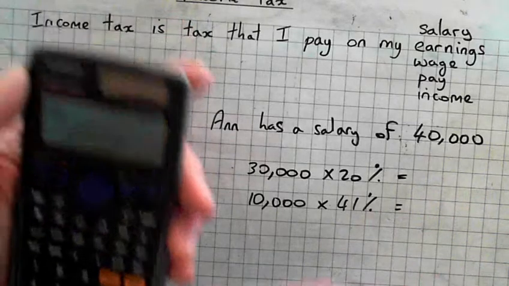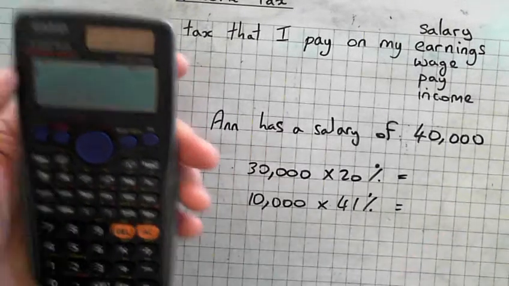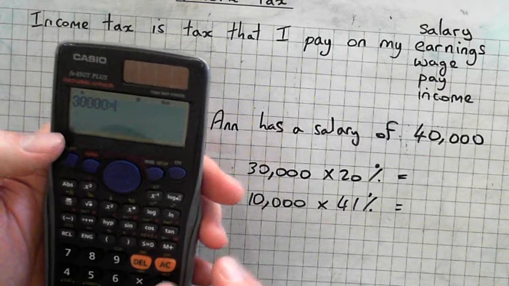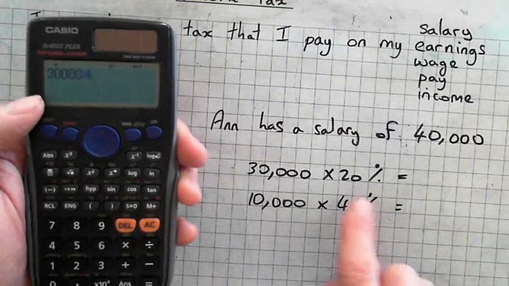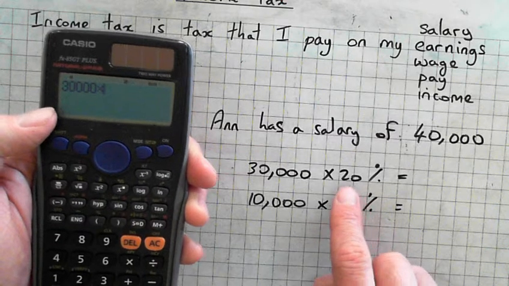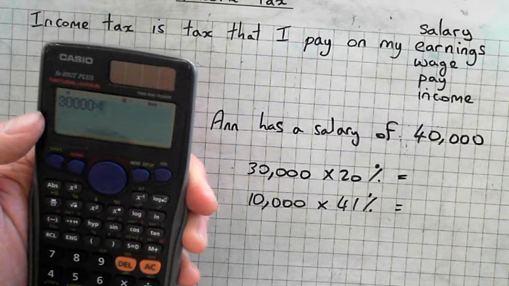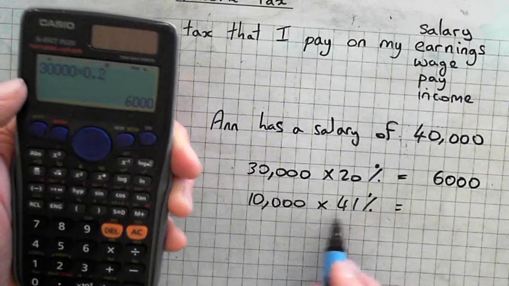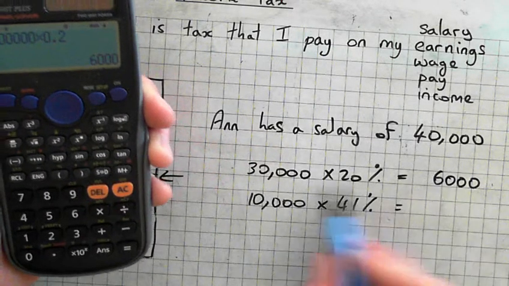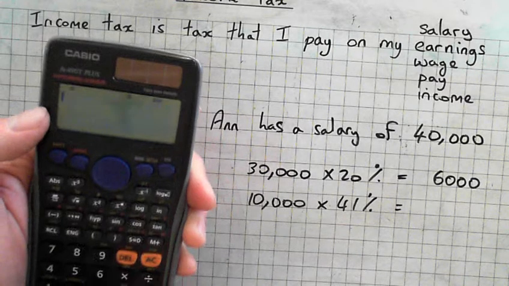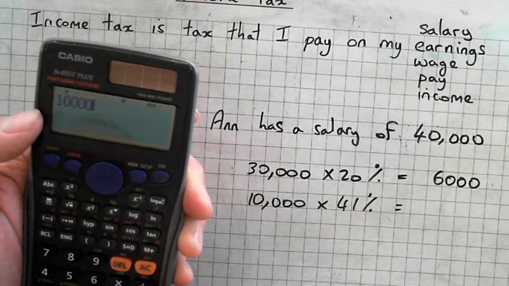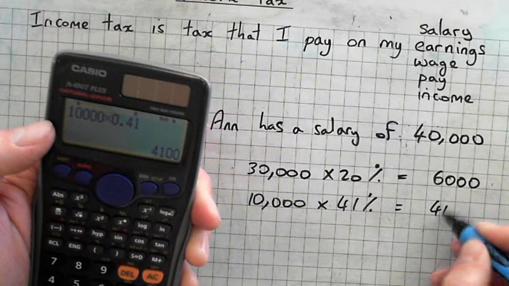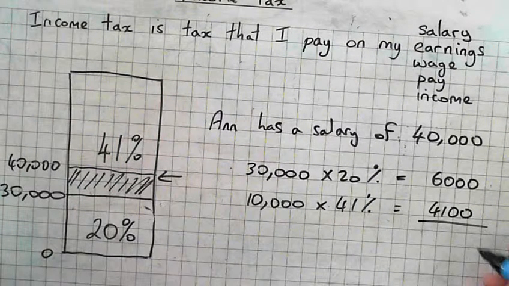Right, so we'll do those two calculations and add the taxes together. 30,000 times, instead of keying in 20%, you just key in 0.2. 6,000. And you remember that number because that's always the same. And then 10,000 times 0.41 is 4,100. So what do I do with the two taxes? Add them together.